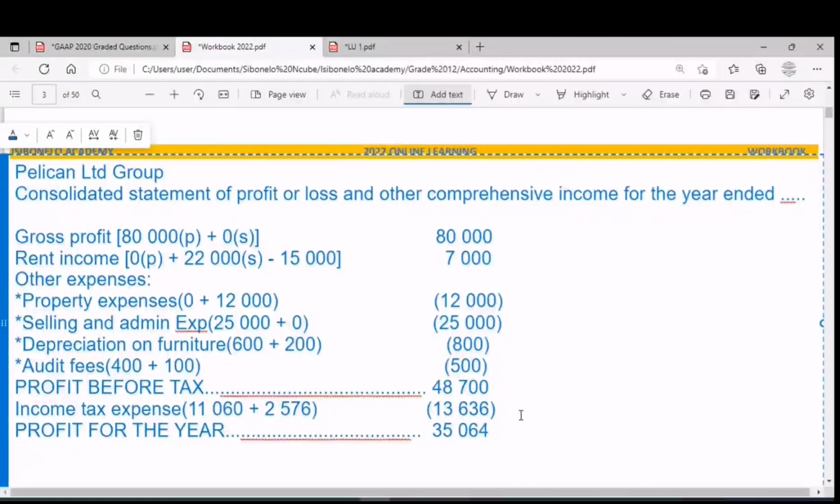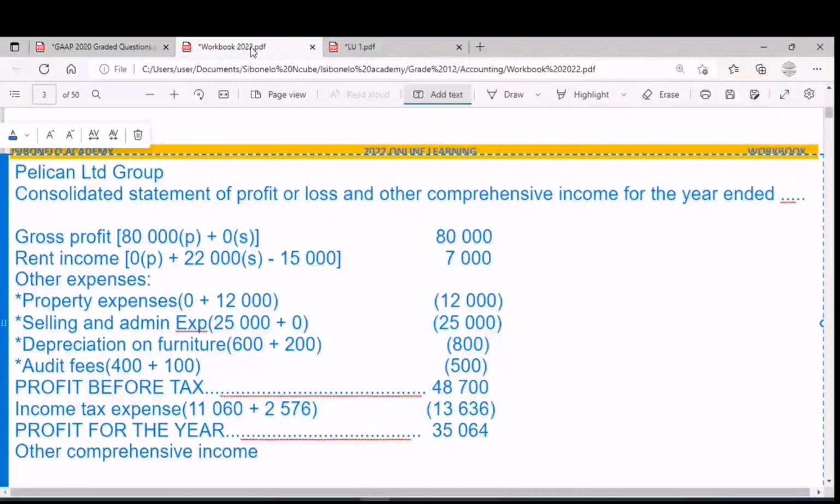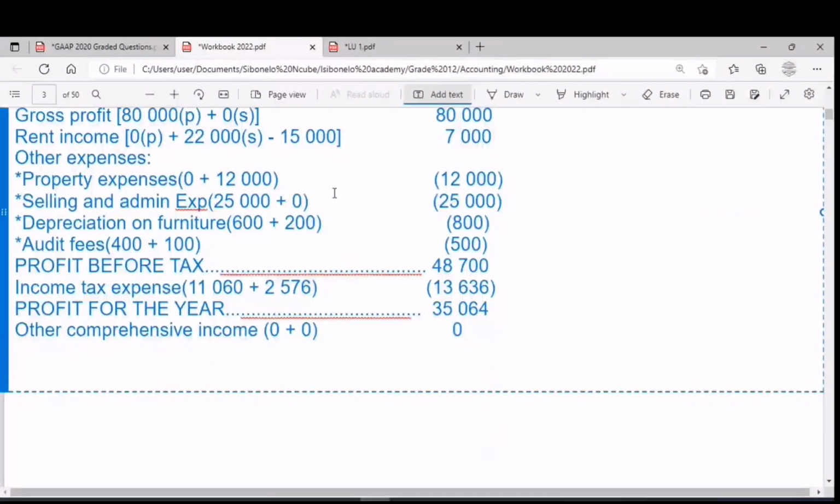Then sibe no other comprehensive income. So other comprehensive income. So now income statement as now. So 0, no 0. So other comprehensive income 0 plus 0.